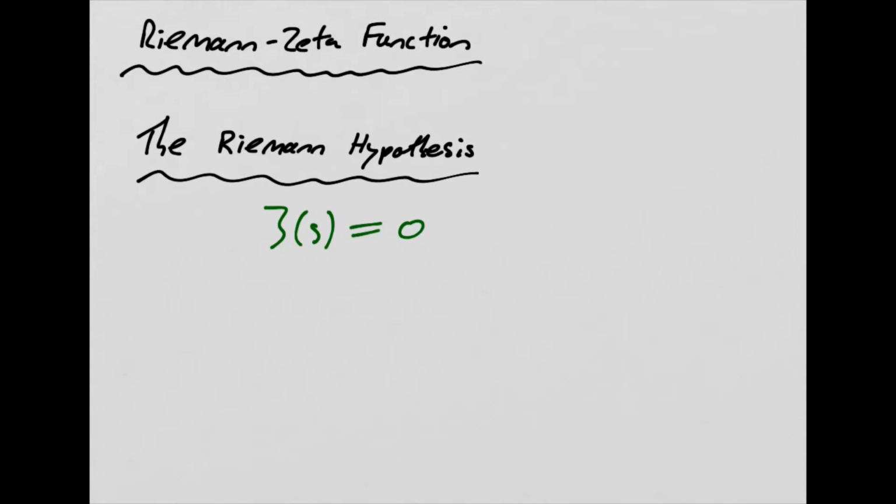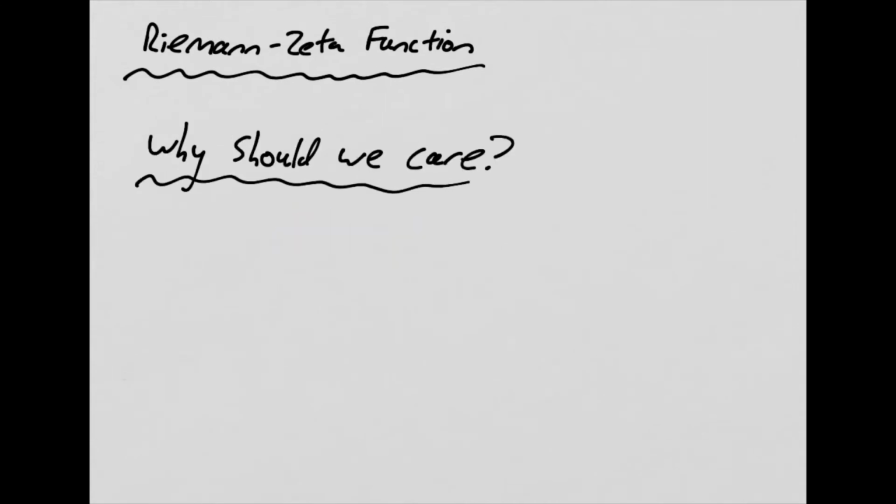But why should we care about the Riemann hypothesis? Well, first of all, because of the complexity of the problem and how long it has been unsolved. If someone did eventually solve it, they would receive $1 million. But for more mathematical reasons, this function is heavily related to prime numbers, and prime numbers form the basis of cryptography.